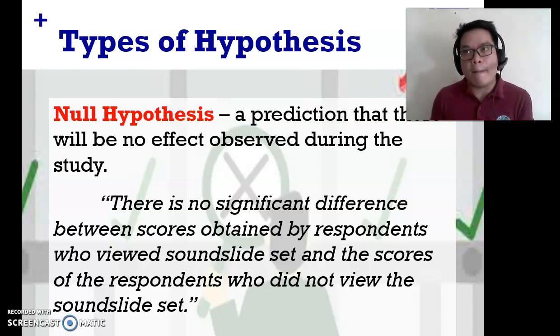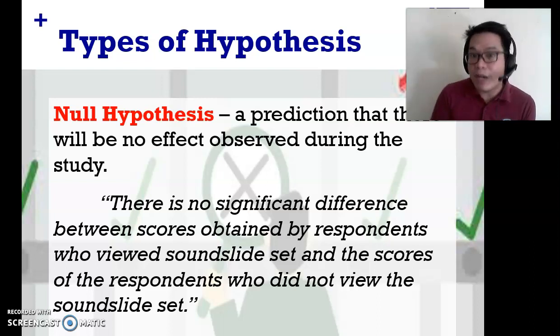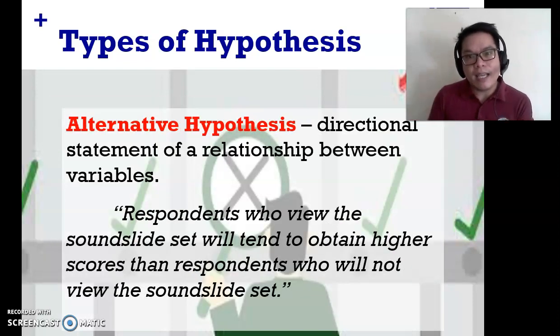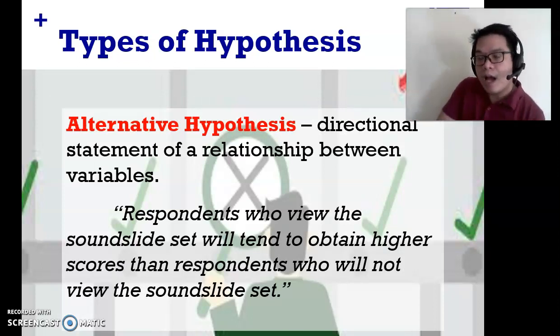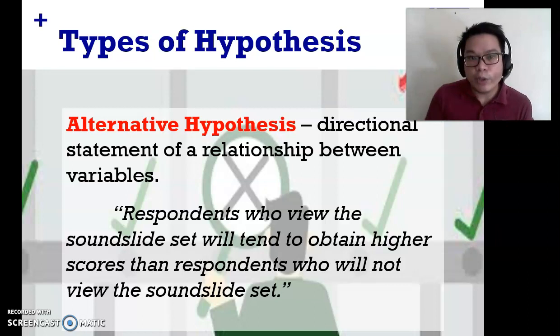There will be no effect of the groups of the independent variables, and it will not affect the dependent variable or the outcome of the research. That's the null hypothesis. Then the second one is the alternative hypothesis. In short, this is the prediction where we predict that there is a significant relationship between the variables. So it contradicts the null hypothesis.